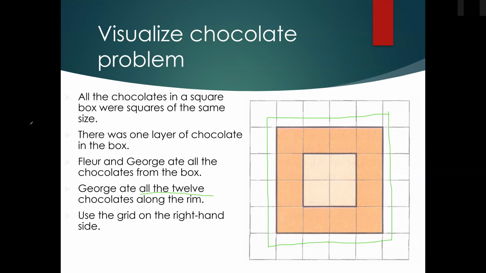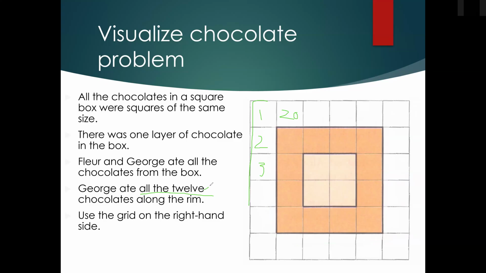However, this is probably not the case, because if we count the number of squares in this edge, we get 1, 2, 3, 4, 5, 6, 7, 8, 9, 10, 11, 12, 13, 14, 15, 16, 17, 18, 19, 20. There are 20 pieces of chocolate total if this box here were the rim of the chocolate.